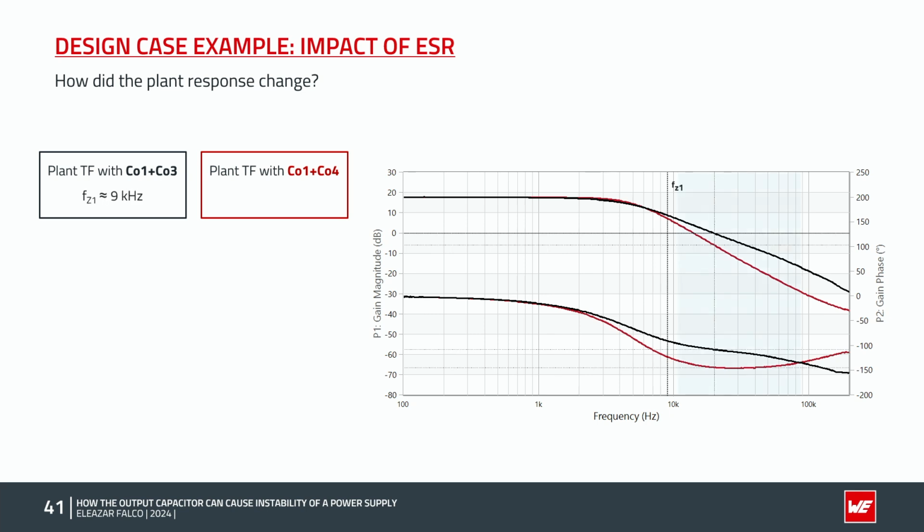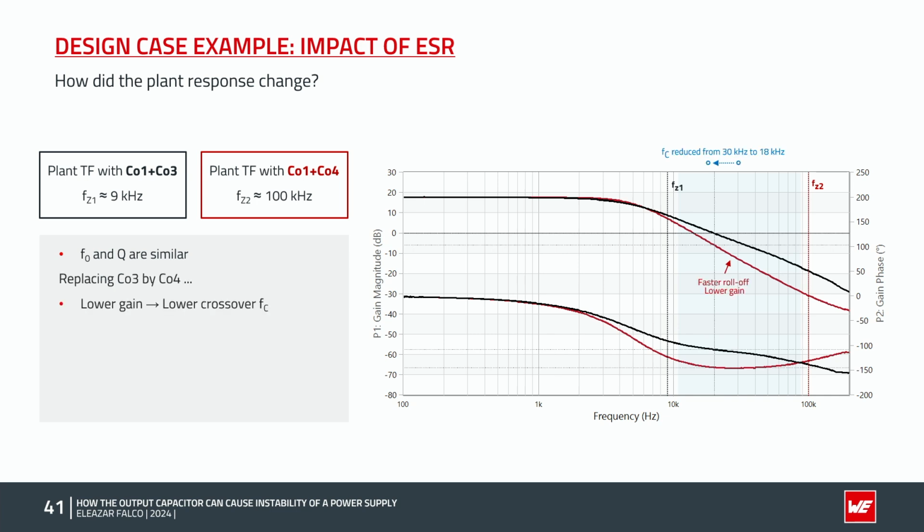In the first case, the ESR zero position is at 9 kHz, whereas in the second case, the lower ESR of the H-chip polymer pushes the ESR zero around 10 times higher, at 100 kHz. We can see from the curves that the double pole frequency and quality factor are very similar in both cases, as the main influence on these elements comes from the capacitance, as we saw in the analytical results earlier in the presentation.